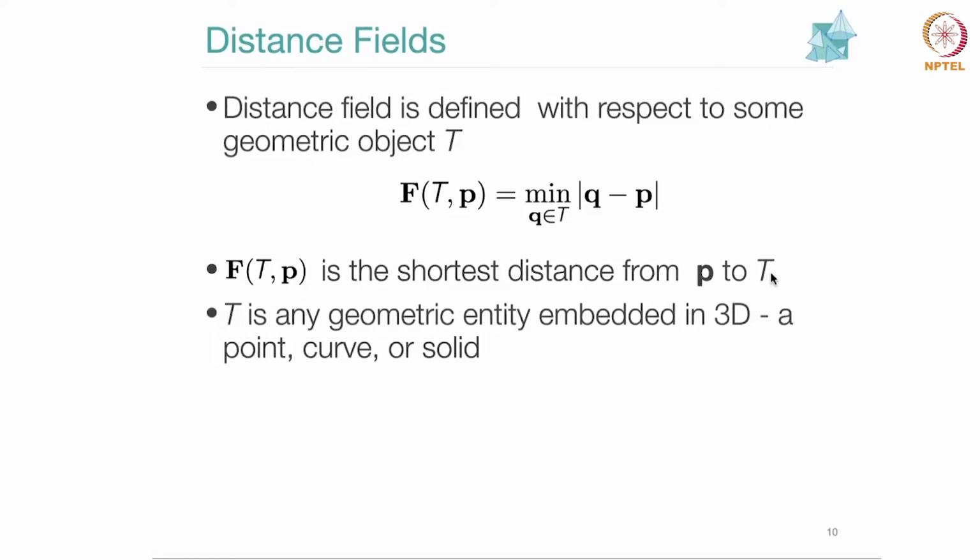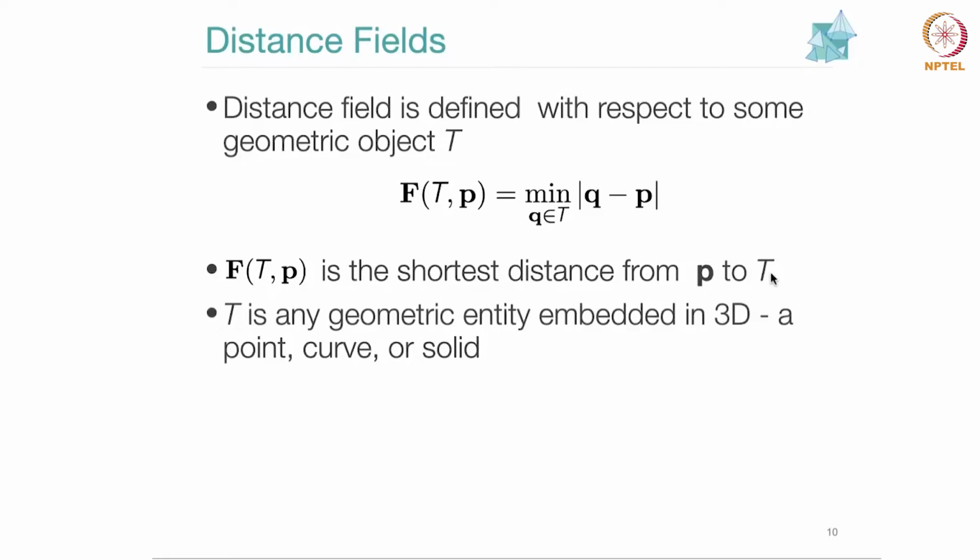If you read the right hand side, it is the minimum distance between Q and P, where Q is a point on the surface. In layman language, for any point P in space, I pick the point on the shape which is closest to it, and the distance between those two is the distance that I pick.